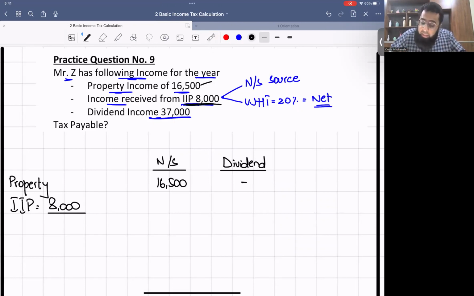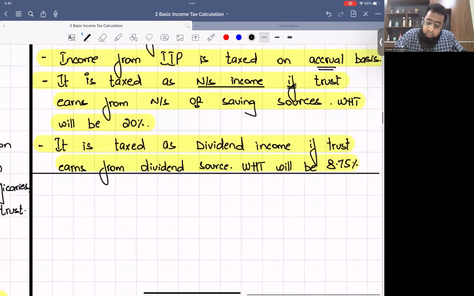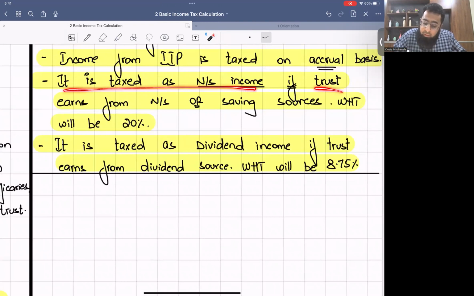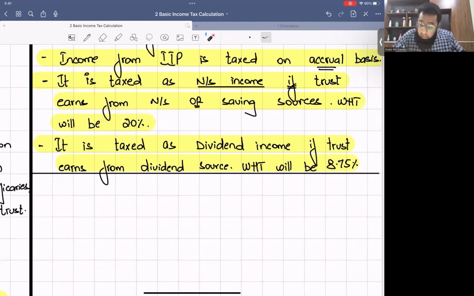The examiner is silent. So we assume that the amount is net. In IIP, withholding tax is 20%. See, we have studied it here. It is taxed as non-saving income if the trust earns from non-saving or saving sources. Withholding tax is 20%. If it were a dividend source, then withholding would be 8.75%.